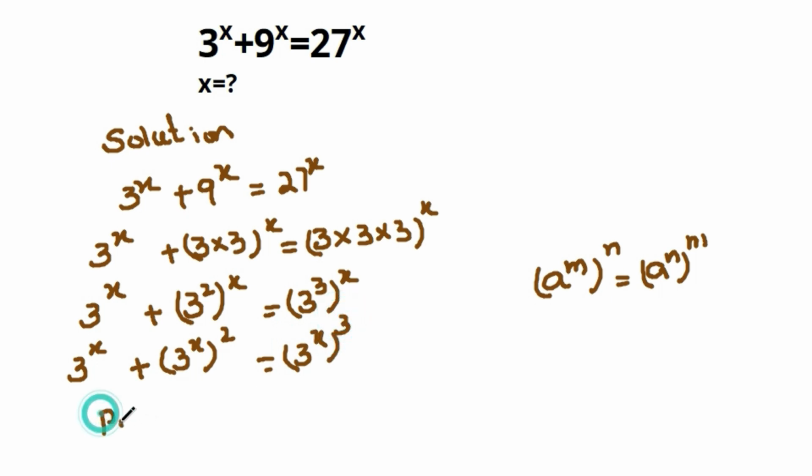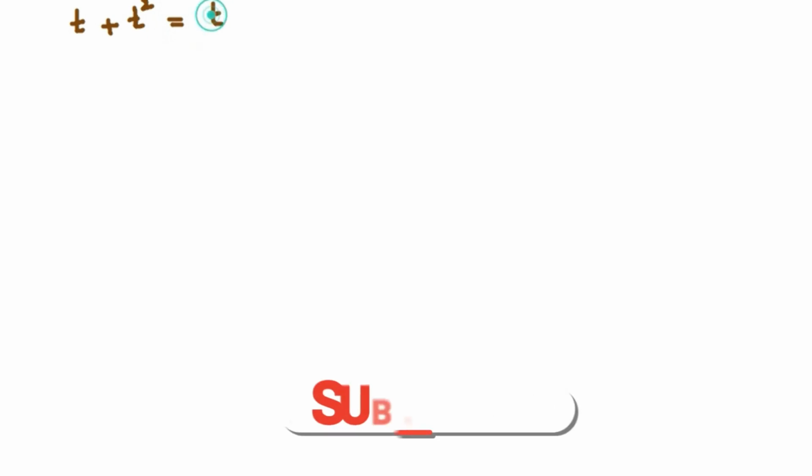Now put 3^x equal to t. We get t + t^2 is equal to t^3. So t^3 minus t^2 minus t is equal to 0.